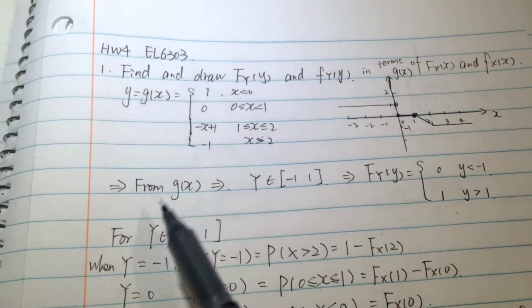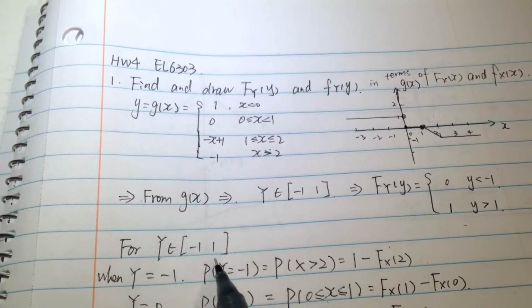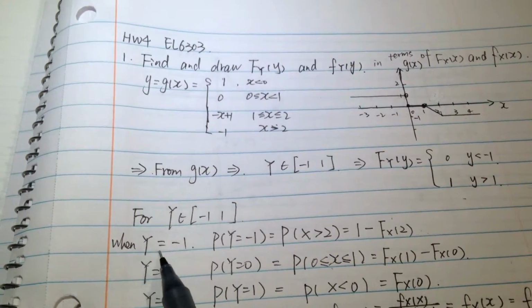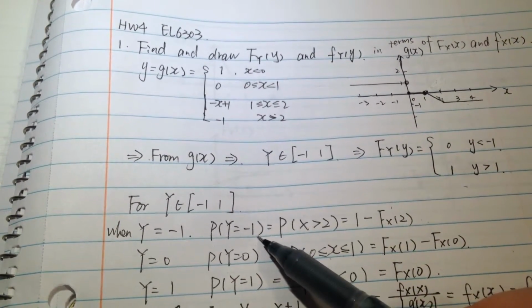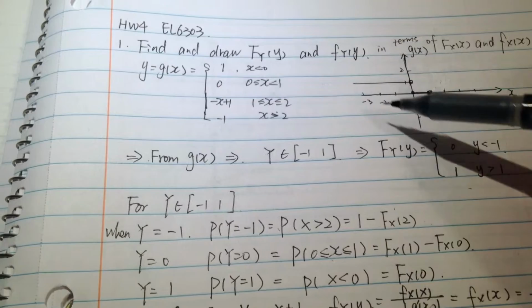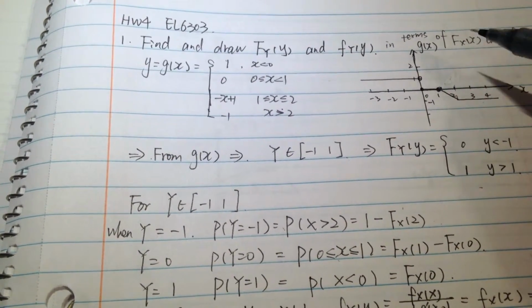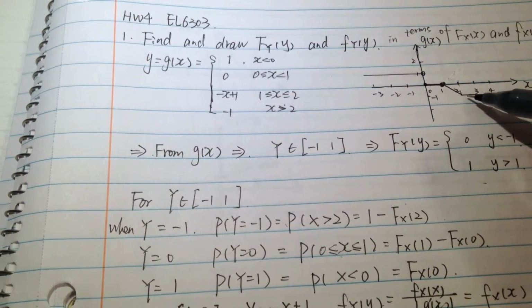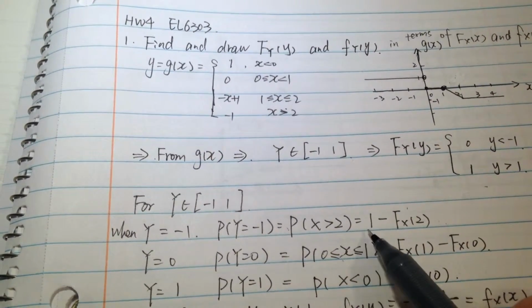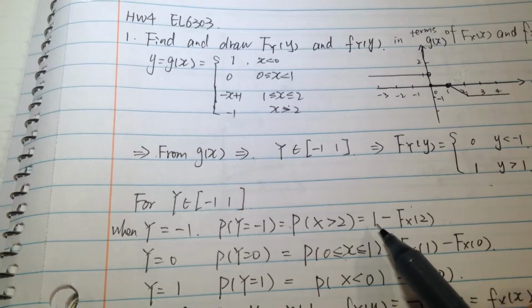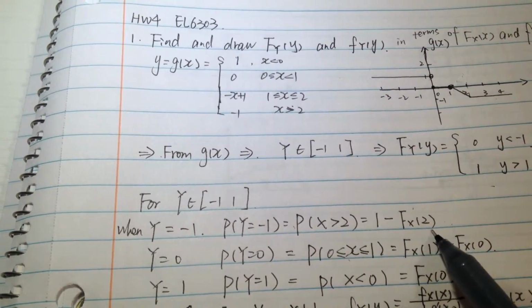When Y is between minus 1 and 1: when Y equals minus 1, from this diagram, the probability that Y equals minus 1 is equal to the probability that X is more than 2. So this value is equal to 1 minus Fx(2).